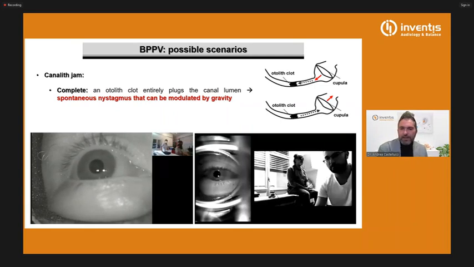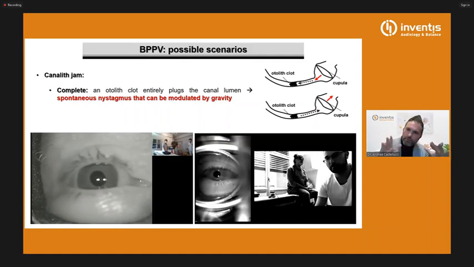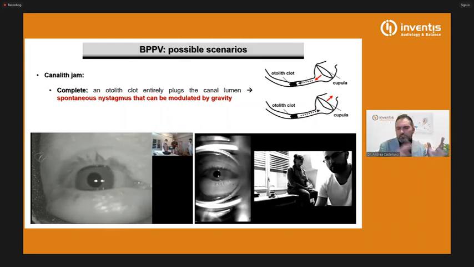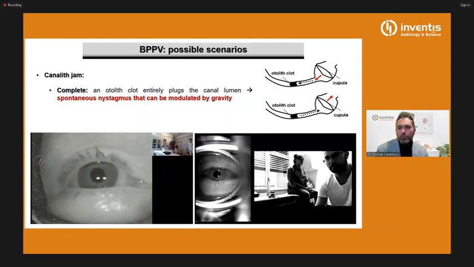It's due to the fact that there are otoliths that aggregate in a clot, and this clot, probably due to a stenosis of the canal or a narrow tract of the canal where the canal is narrower, gets stuck in a position and leads to a persistent endolymphatic flow that persistently bends the cupula in one direction or in the other direction, depending on several things, on gravity, probably on the last movement that otoconia were having just before getting entrapped.